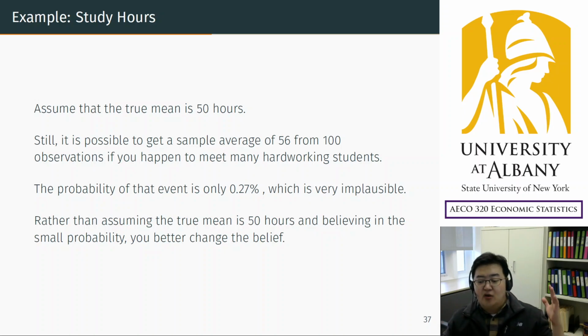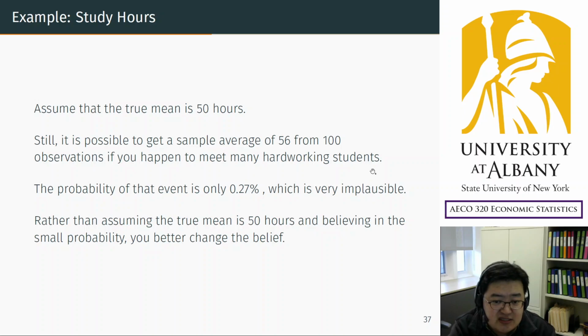It's like some accident happened to each of your reservations. You are not an abuser, but you needed to cancel the reservations. Similarly, it is possible that you can see many hardworking students by chance, but that is too unlikely.